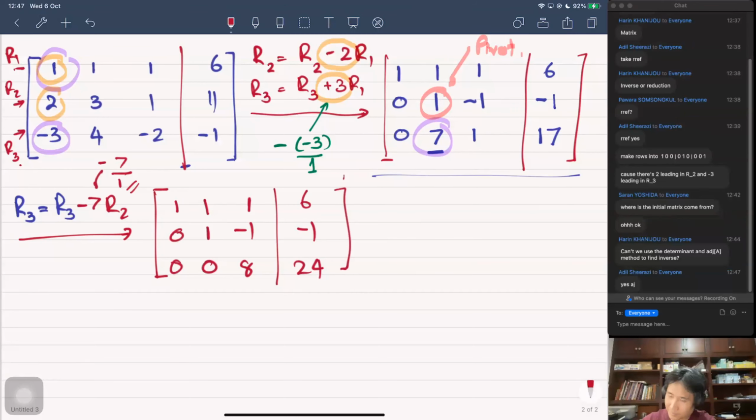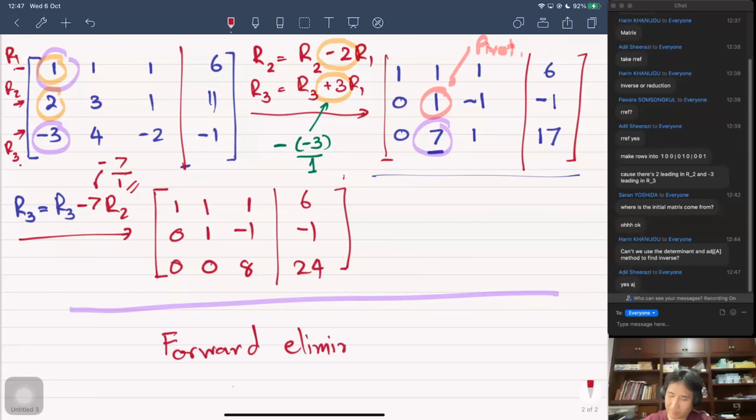The process that we have done so far, since we only do 3 by 3, remember we're going to get a computer to do it like 20 by 20, which you don't want to do by hand, but you want to make sure that your code works for 3 by 3 first. The process that we are doing here is called forward elimination, because your goal is to get an upper triangular matrix.